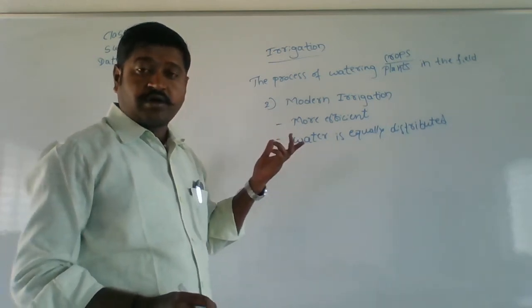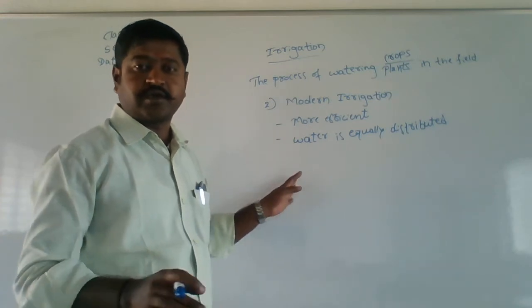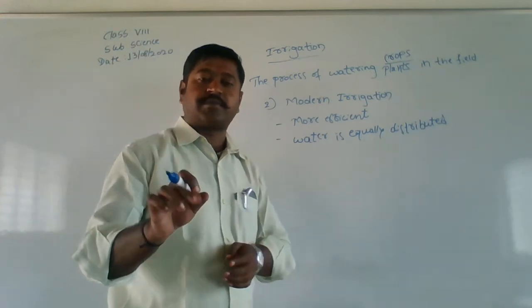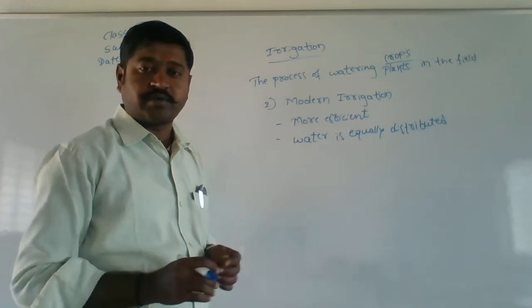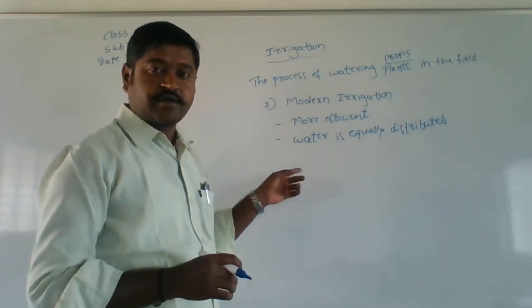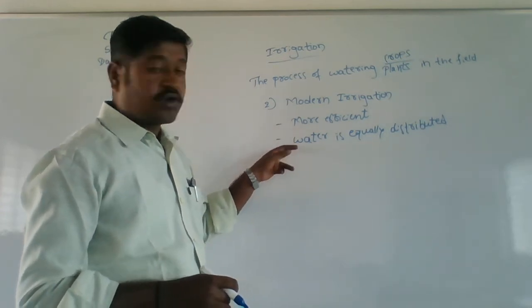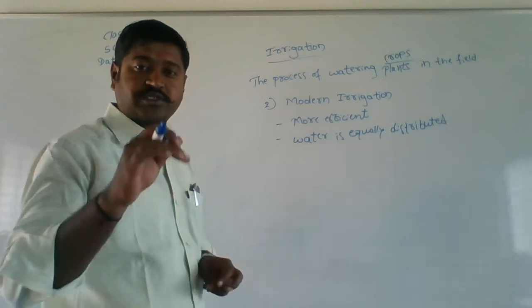And there a man or a cattle has to work for that. Here, if you just switch on the button, everything works on its own. That is why modern irrigation is considered to be more efficient, and the water is equally distributed to all parts of the field.